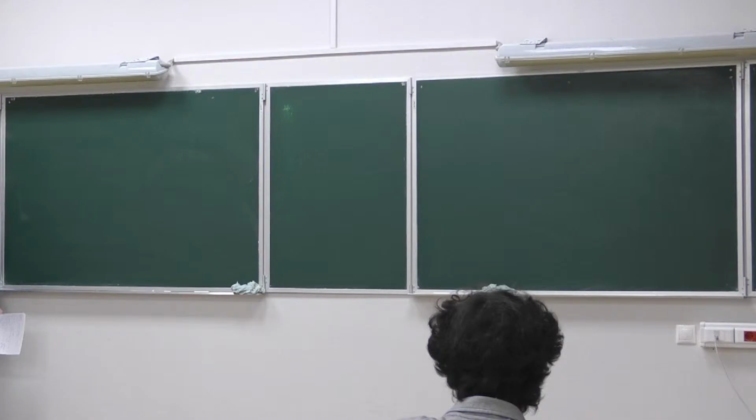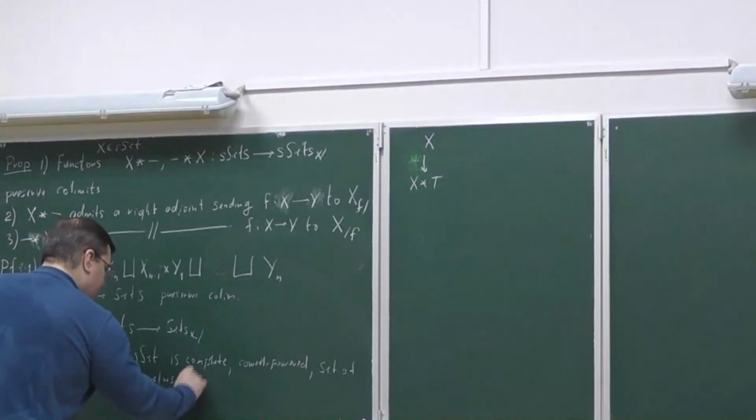Well-powered just means that sub-objects of a given object form a set, which in general in a category is not true. But here the condition is co-well-powered, meaning that the quotients of an object form a set. Okay, so this is co-well-powered, and it has a set of generators. And it's just the set of the standard simplices.